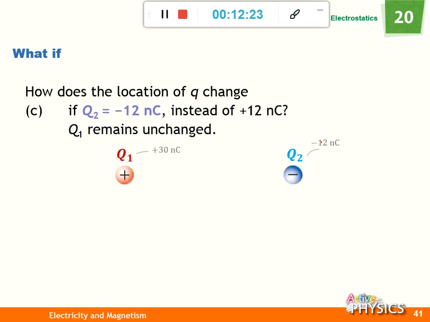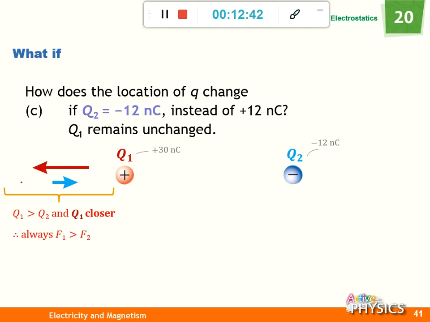How about the third one? If Q2 is negative instead of positive, and Q1 remains unchanged, what happened? Focus on the direction of the force. If this one is positive, positive and positive repel each other, positive and negative attract each other.